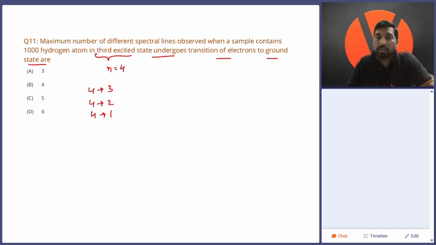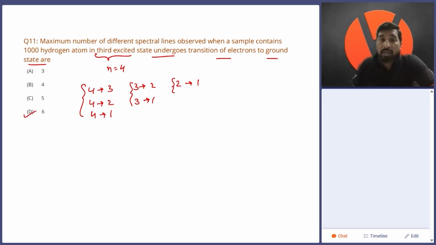Now the electron reaches the ground state. 3 to 2, 3 to 1, yes, these two. And the other one is 2 to 1. So how many transitions are possible? There are 6 transitions possible. If you want to use the formula, the number of spectral lines is n(n minus 1) divided by 2.